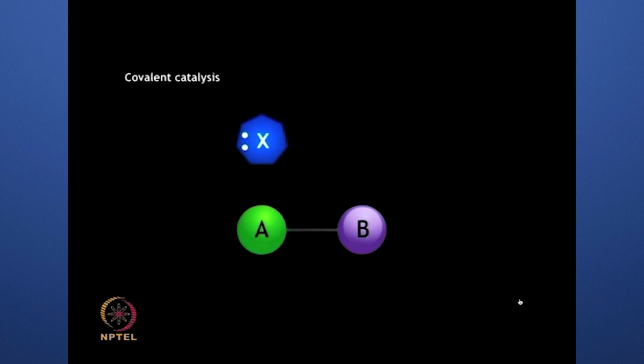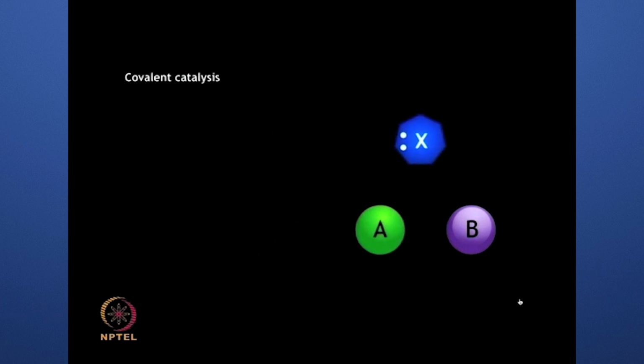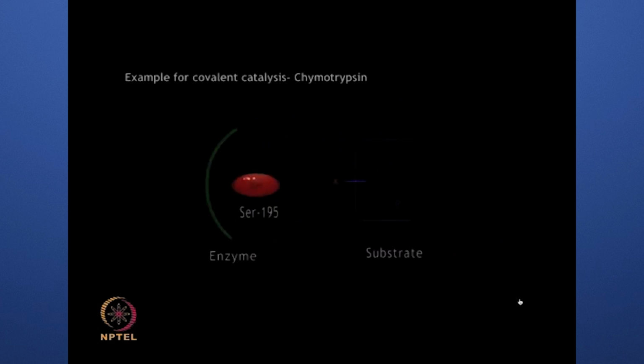Formation of this bond provides an alternative reaction pathway that has lower activation energy than the uncatalyzed reaction. Several amino acid side chains act as effective nucleophiles that facilitate this reaction. The enzyme is regenerated in its unaltered form at the end of this reaction.